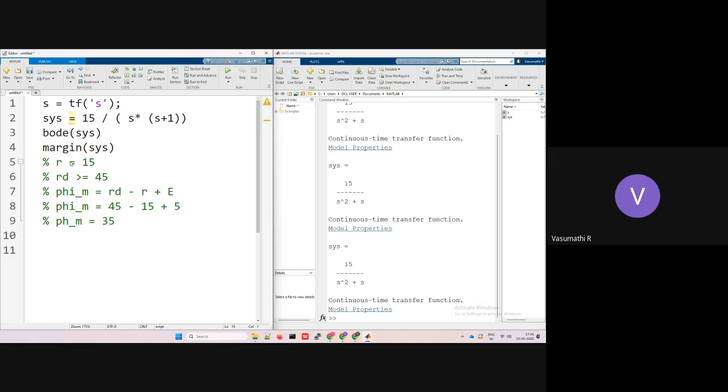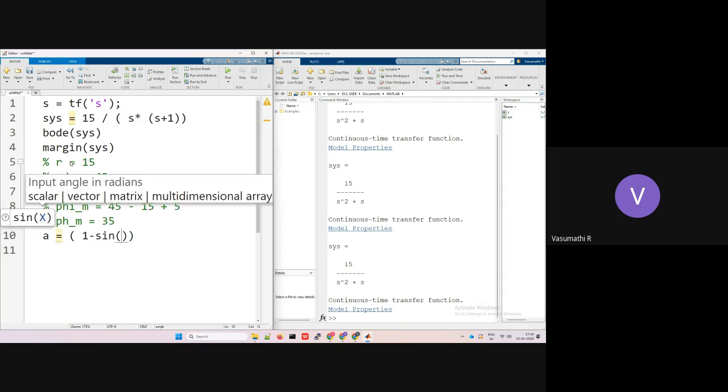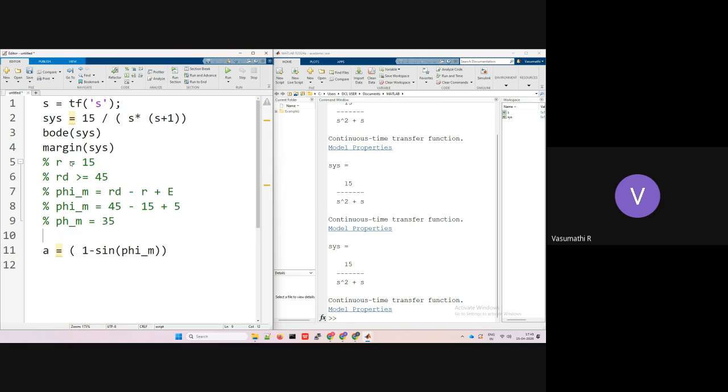Then the next is to calculate my alpha value, right? With the obtained phi m, the next step I can calculate alpha. What is the formula for alpha? As I showed on my iPad, it is 1 minus sine phi m divided by 1 plus sine phi m, that we are going to calculate. So to calculate that, I'm keeping alpha as 1 minus sine of phi m, but MATLAB doesn't know what is phi m.